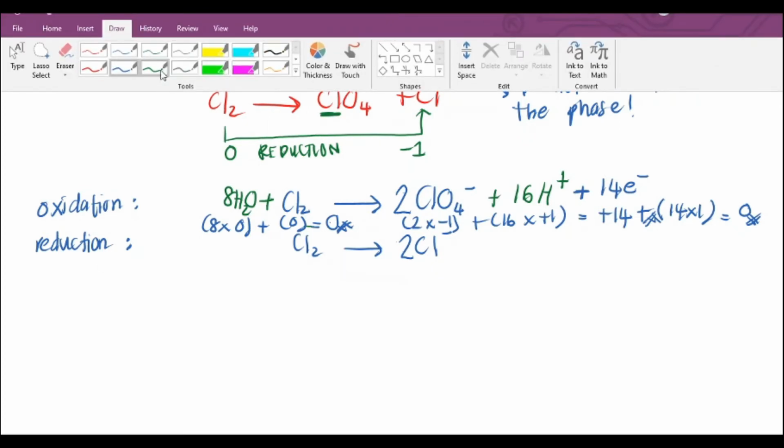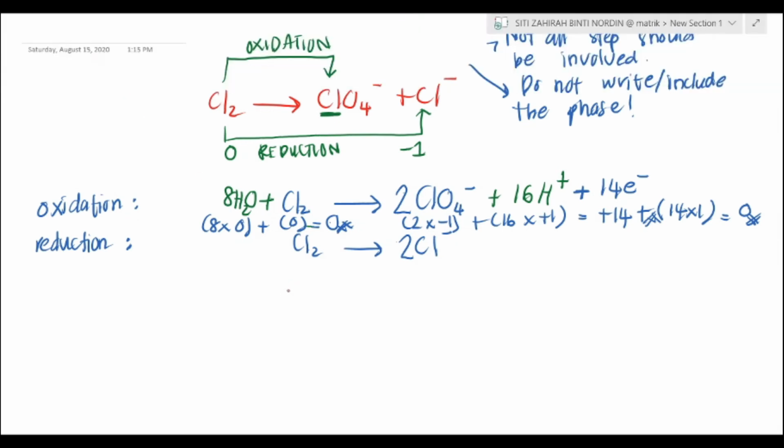Right, so let's do it for the reduction. This total charge is 0 since it does not have any charge, and this one will be 2 times -1, which is -2. Do we need to balance the oxygen or hydrogen in this equation, class? No, because we do not have any oxygen or hydrogen.